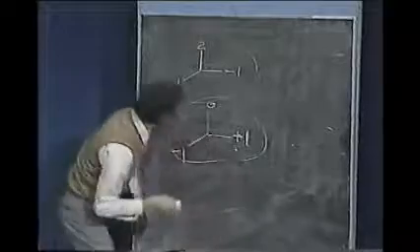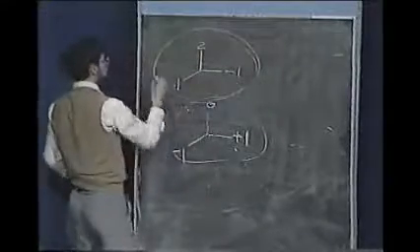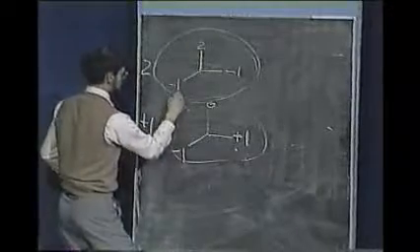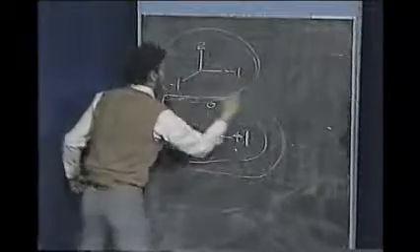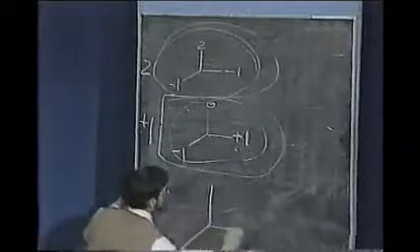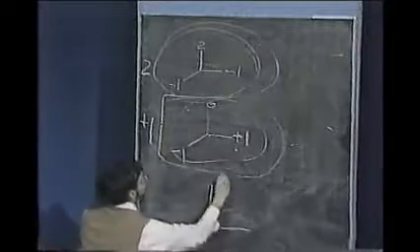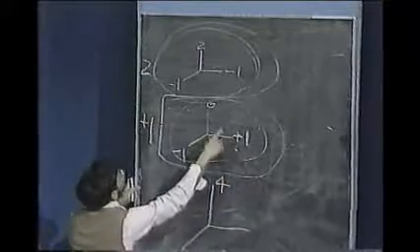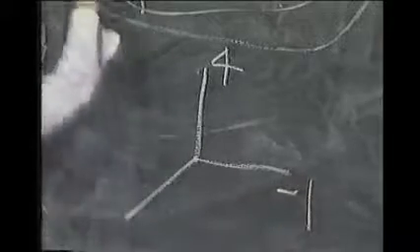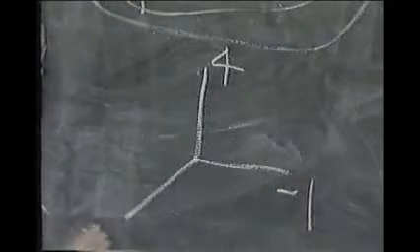I could take two of these and one of these, and if I add them together, I would get a distortion like two of those would give me 4, two of -1, and one of +1 would give me -1. Two of -1 and one of -1 would give me -3.